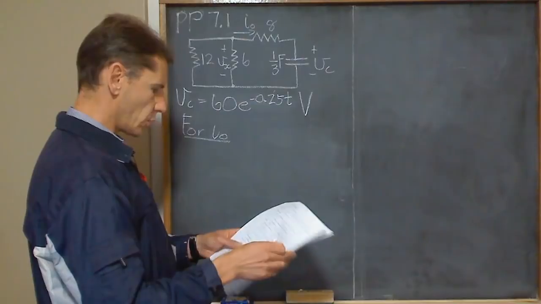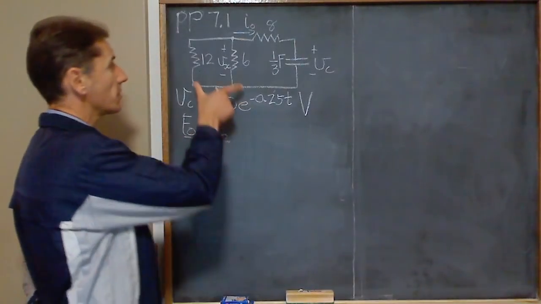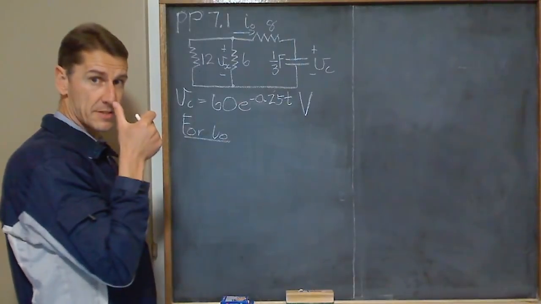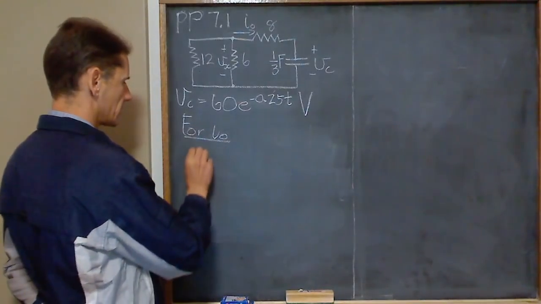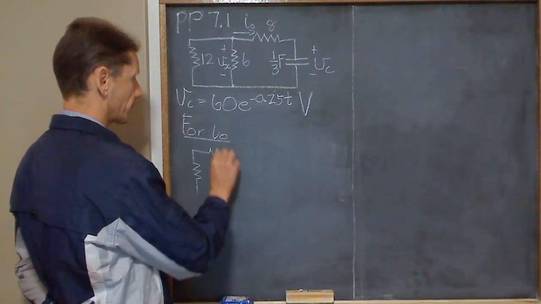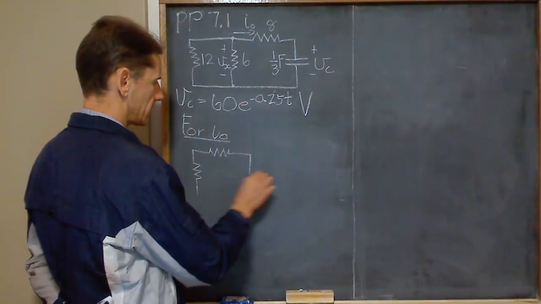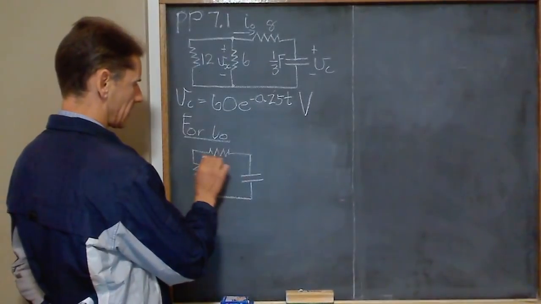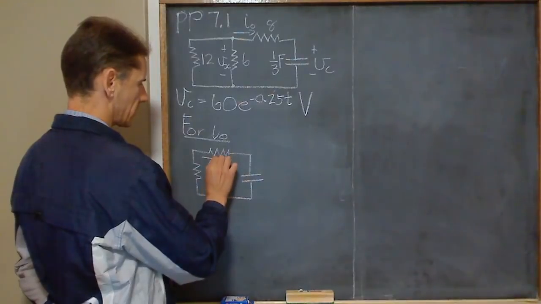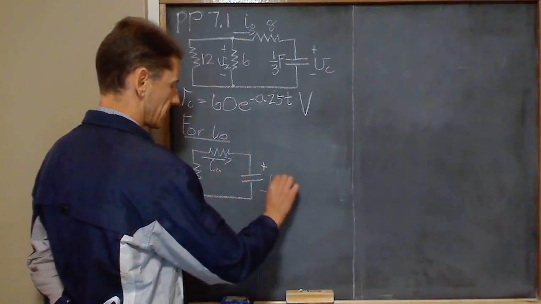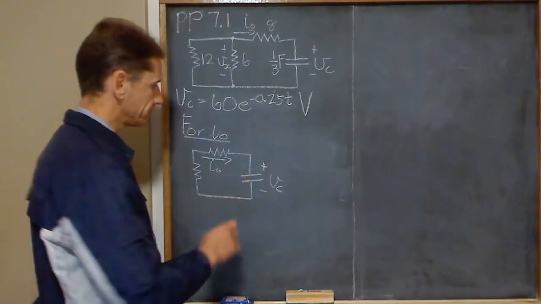So we're going to redraw the circuit and simplify the circuit. So we've determined that the 12 and the 6 parallel gave us a 4 ohms. So let's redraw the circuit like that. So there's the 4, there's the 8, and there's our capacitor. And I out is the one that's flowing through that, and we've got plus minus Vc over there.